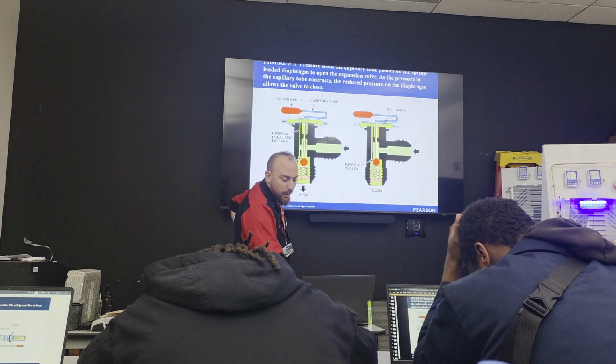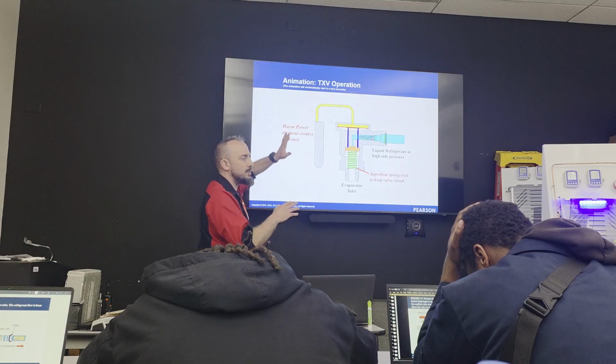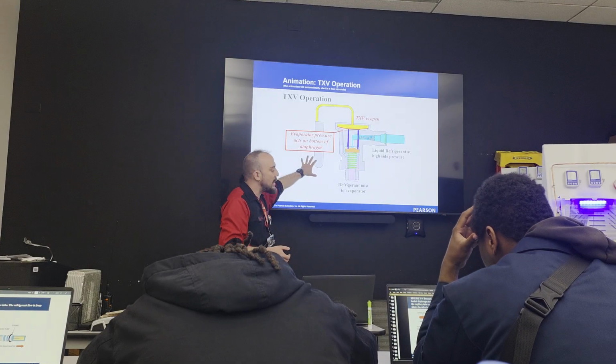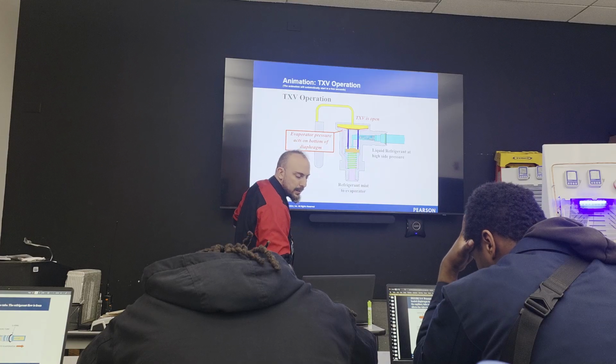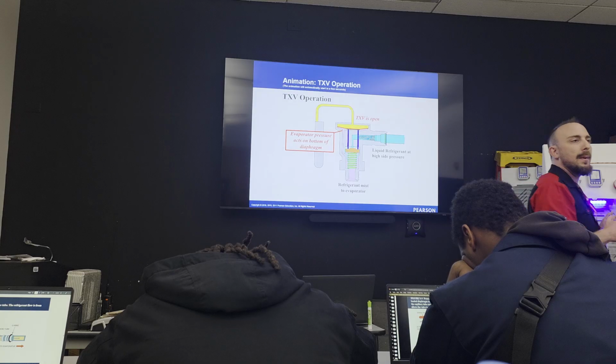So I'm gonna go over here to the little animation slide. Okay, this is the old style one. We've got a new style that's on the new trainer. But what's gonna happen here, folks, you have this sensing bulb that is filled with gas. Doesn't matter which gas, it just matters how it works.